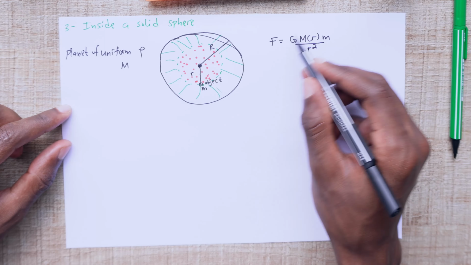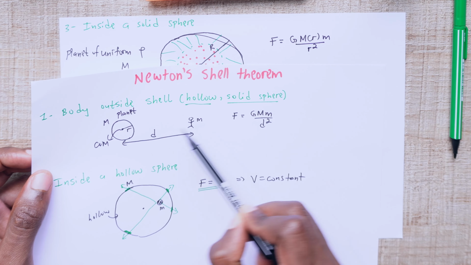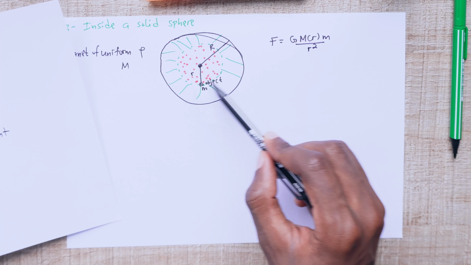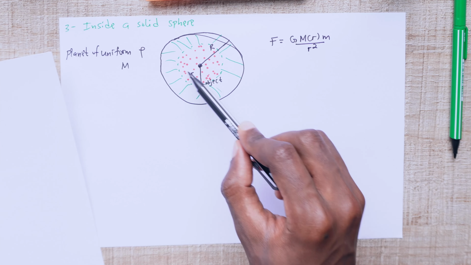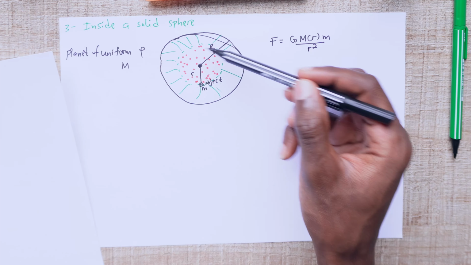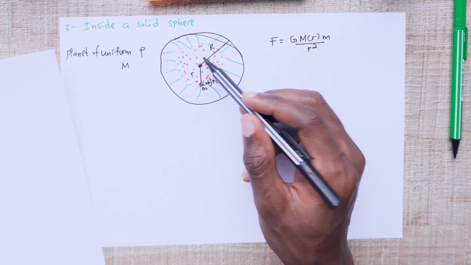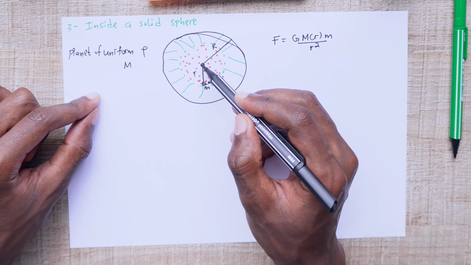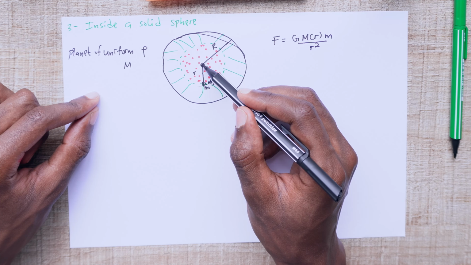Again, this expression is a consequence of the first theorem which we saw, which is that the force that the object little m is going to feel from the planet, in this case having a mass M of r, the shaded inner portion here, is just the force exerted by this inner portion, as if it were concentrated at the center of mass, and we are having the gravitational force exerted by this point on this object.